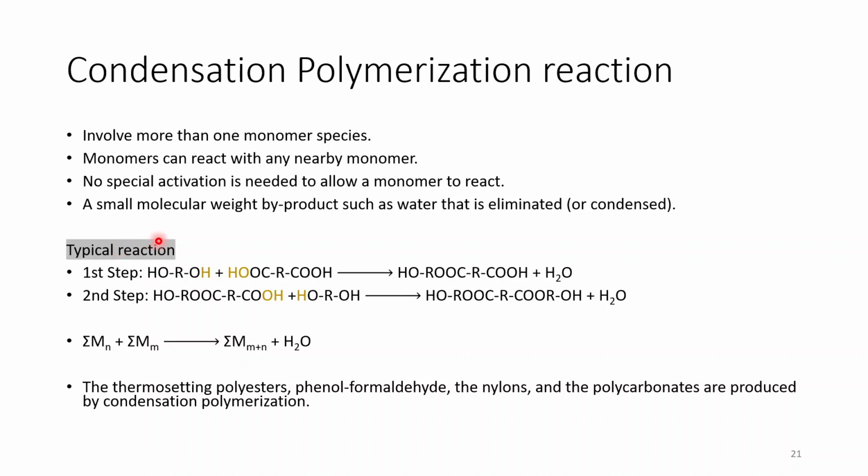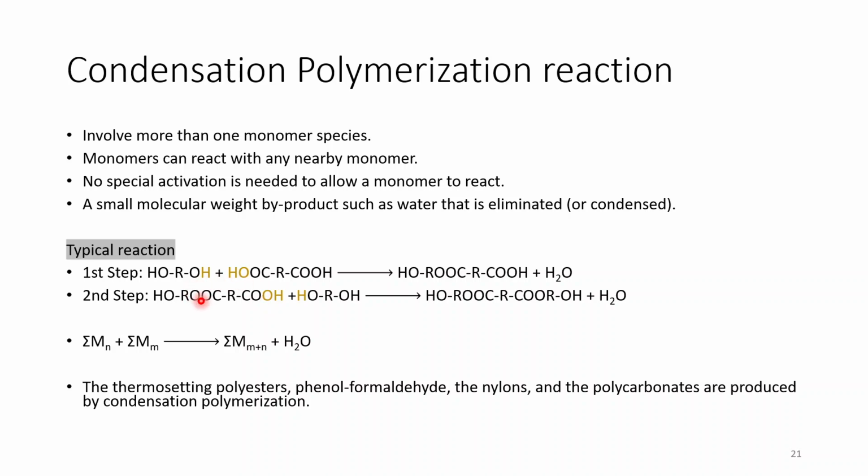Here a typical reaction is shown. In the first step, you'll have two monomers coming together and forming one part, and then you'll get some byproduct. Small molecular weight byproducts such as H2O or ammonia are formed.